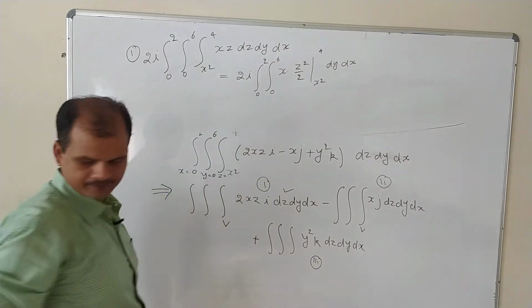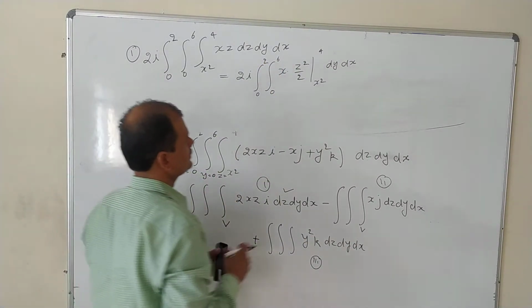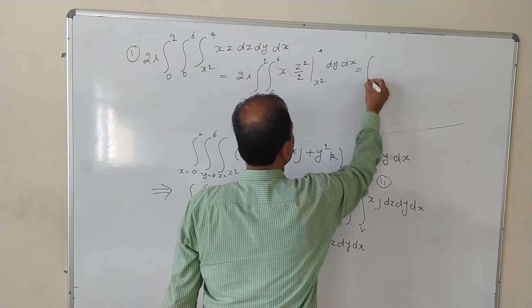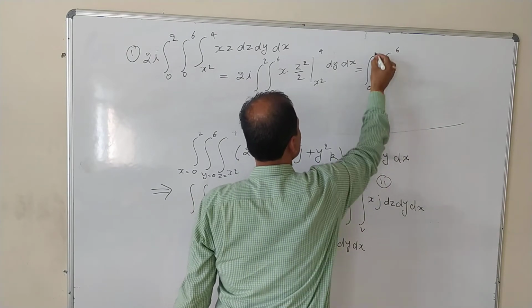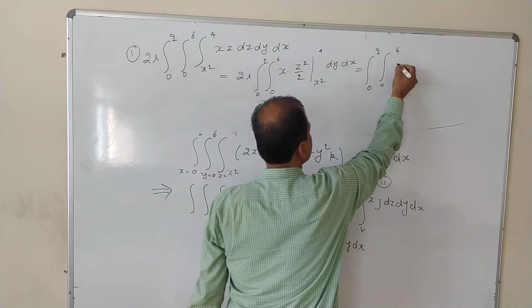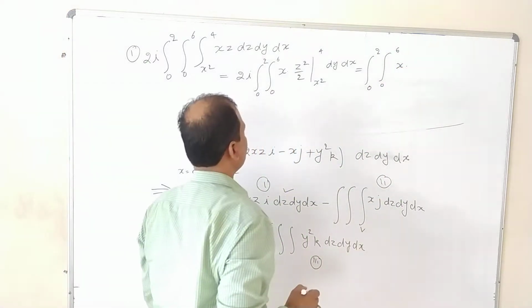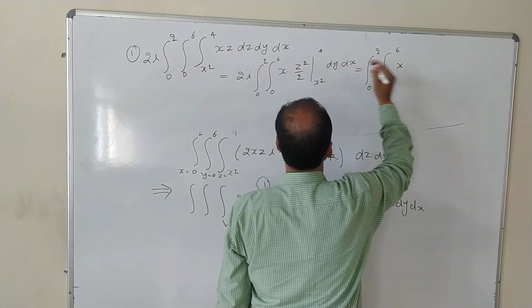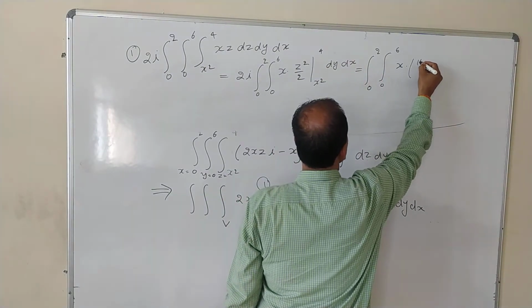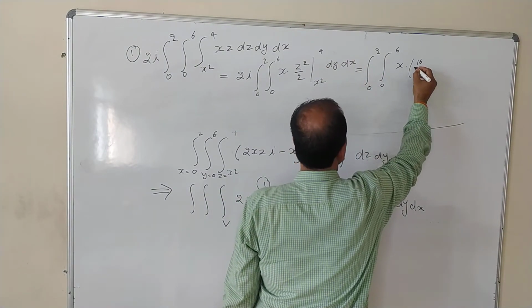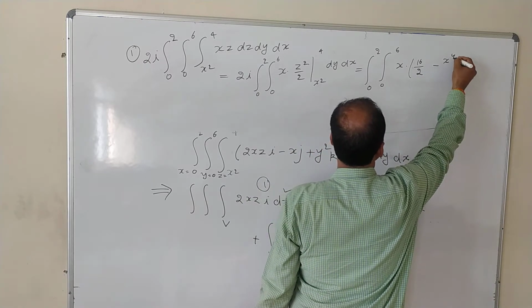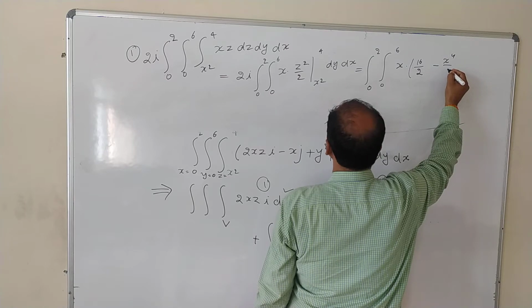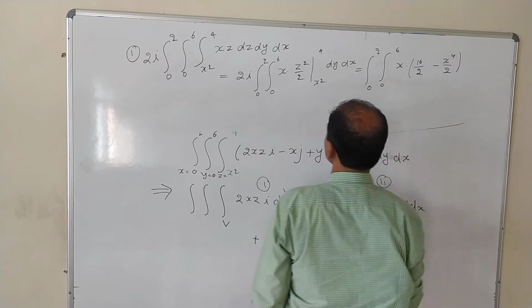Fine. Okay. After that, now we will put the upper limit minus lower limit. So 0 to 6, 0 to 2 and x, and for the upper limit we get 16 by 2 minus x power 4 by 2, right?